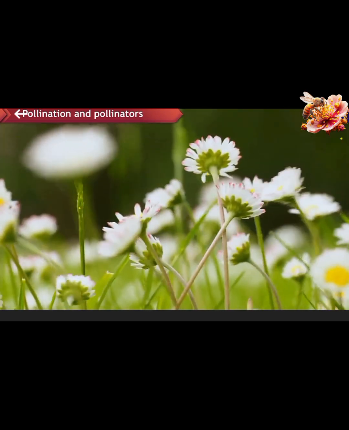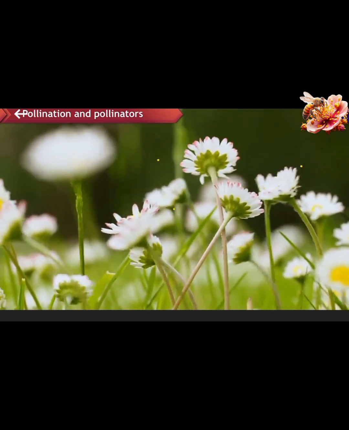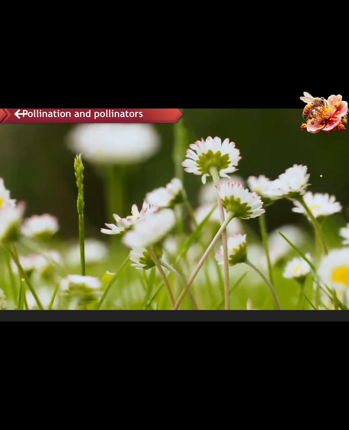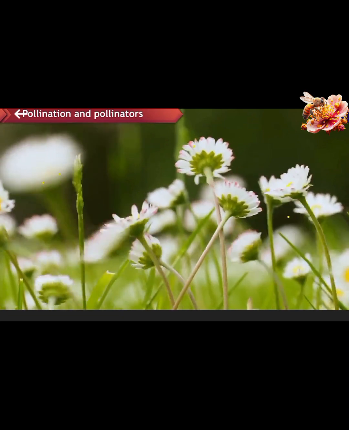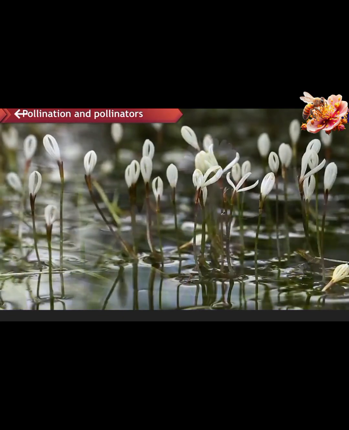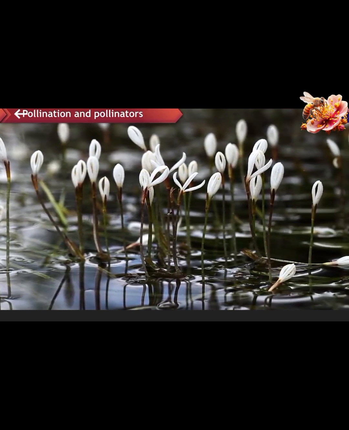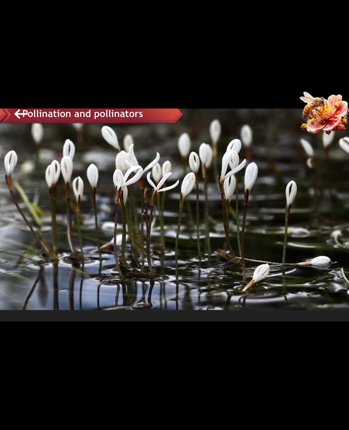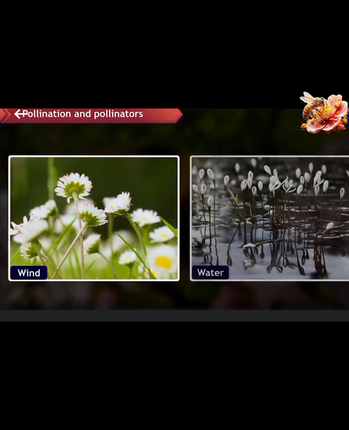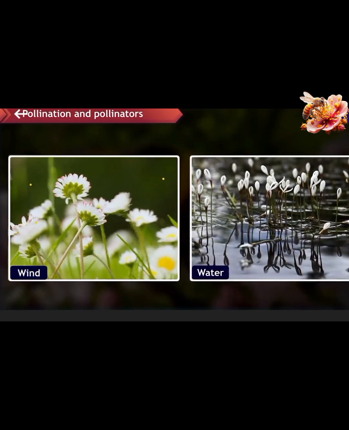Light pollen grains can be carried away by strong winds. Pollen grains from plants growing near water bodies are carried by flowing water. Hence, wind and water also help in pollination.